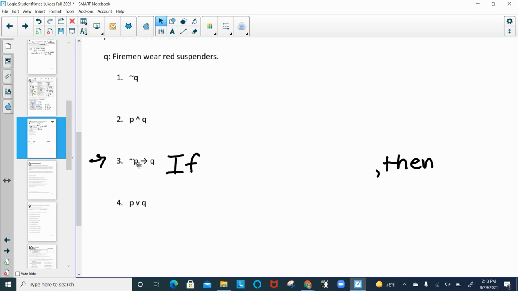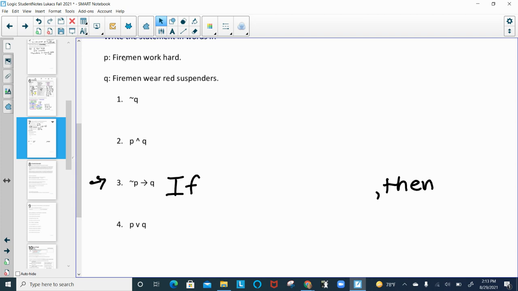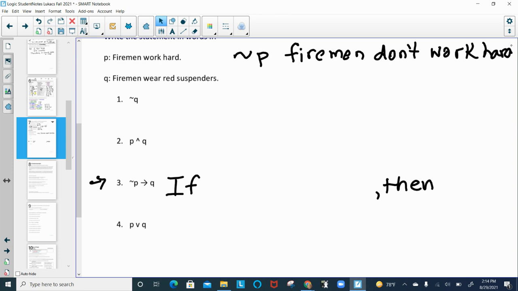So the not P or the squiggly P, let's go take a look at what P is. "Firemen work hard." So squiggly P would be the opposite of that. "Firemen don't work hard." And that's not an opinion statement. They do work hard. But that's just logically how you write squiggly P. So that's going to go right here.